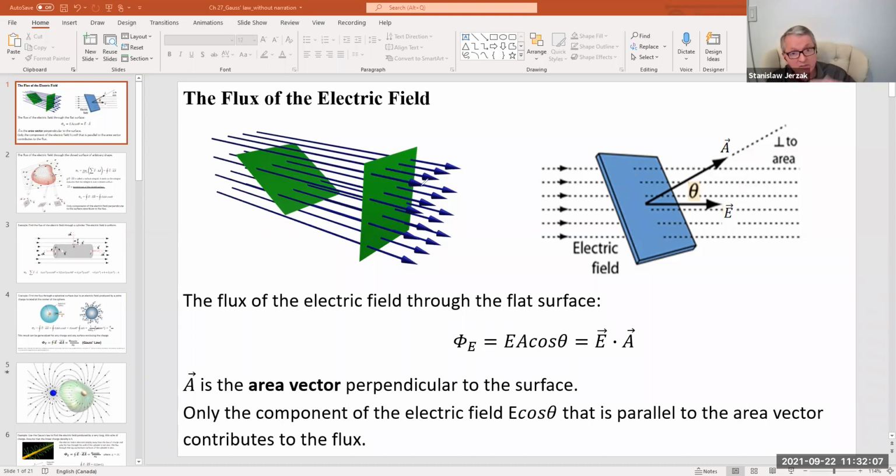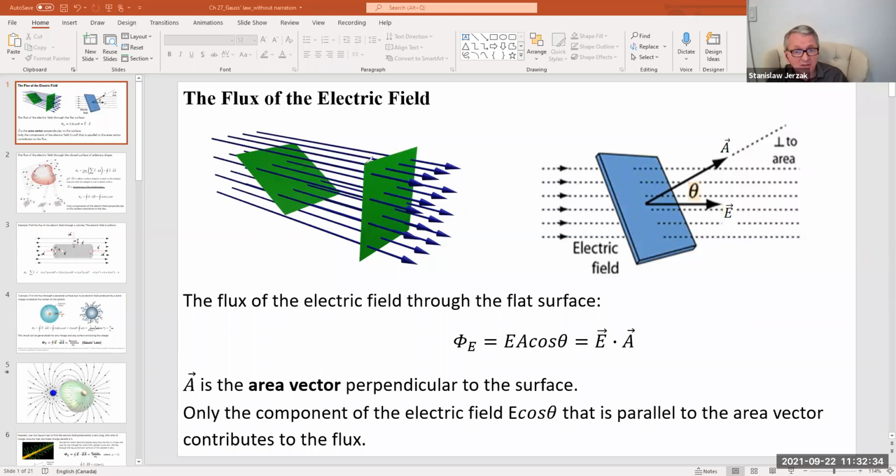So we say that there is certain electric flux through that green area. So sometimes we use that term flux in relation to water flow. When water flows through a certain area, there is certain flux of water flows through that area. Of course, electric field doesn't flow, but it looks like these electric field lines now pass through that area.